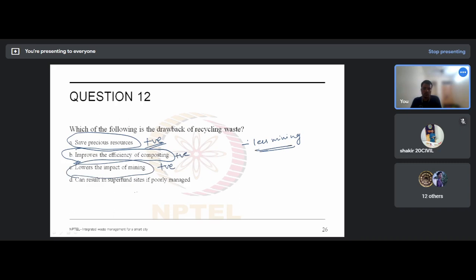Sir gave the example of Superfund sites. These are recycling facilities that were funded by what was called the Superfund. This fund was basically meant so that the recycling facilities are properly managed, and the waste coming out of the recycling facility can be managed well.